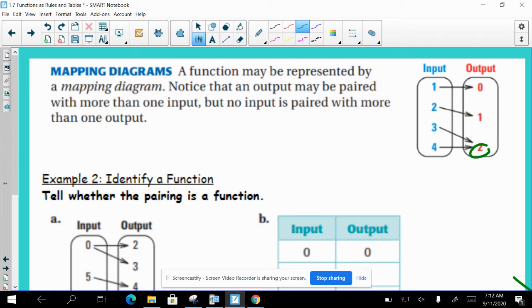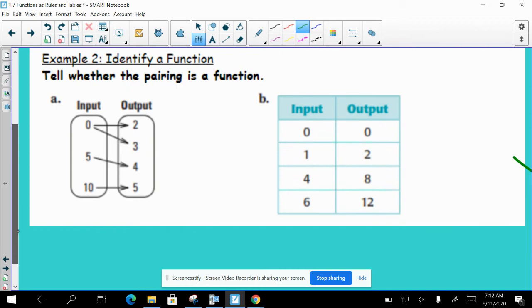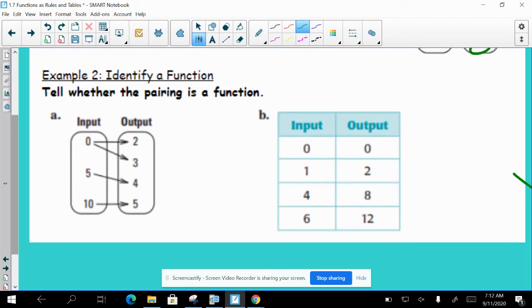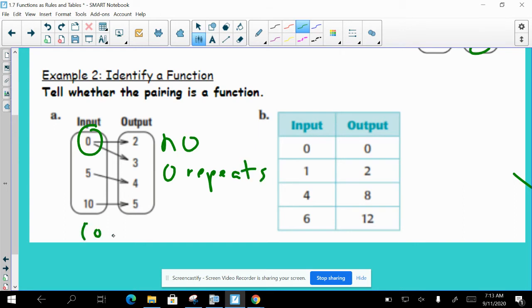So here's an example of a mapping diagram. Tell whether the pair is a function. So part A, would that be a function? The answer is no, because 0 repeats. For example, if you were to write these in an ordered pair, it'd be 0, 2 and 0, 3.